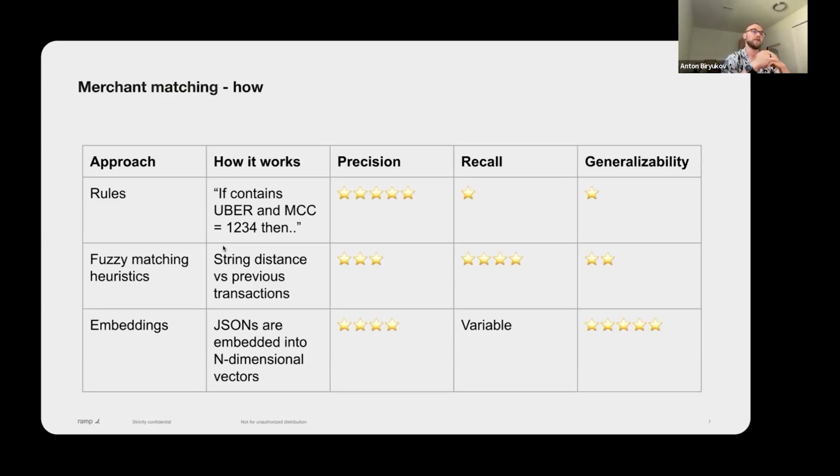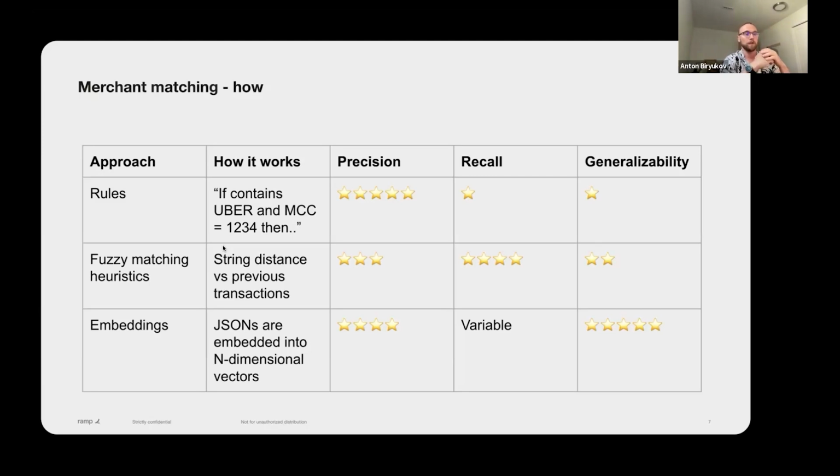They can definitely be applied to a larger range of transactions compared to the rules. And then obviously, fuzzy matching heuristics tend to be hard to maintain, and they lead to what we call spaghetti code. And then finally, the third approach is embeddings.